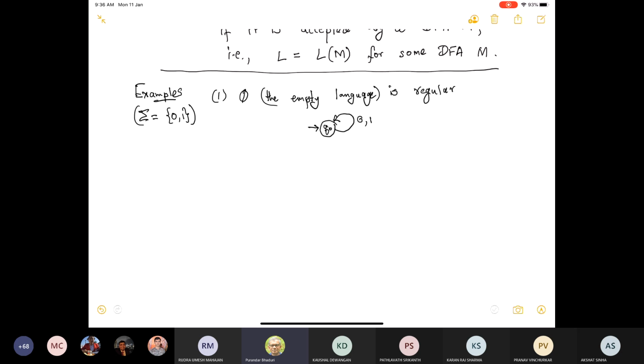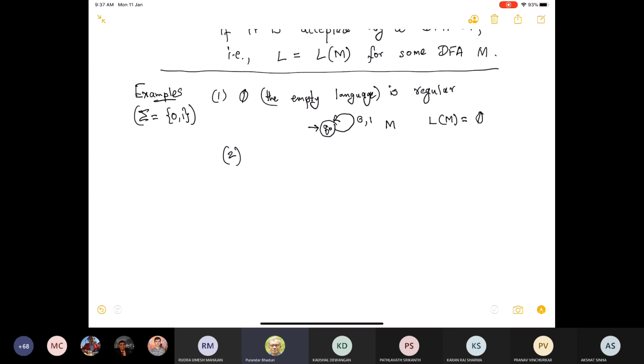The only transitions are back to that single state. So if this is the machine M, then L of M is the empty set. Why? Because there is no final state, right? So the set of final states is the empty set, so the language accepted by this machine is empty.